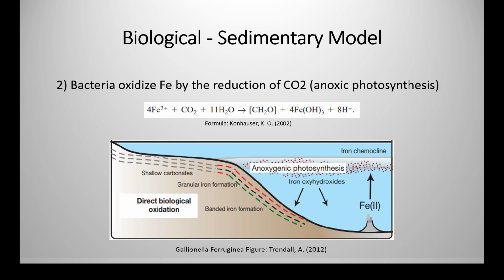So this would be produced in an anoxygenic photosynthesis reaction, so it does not require the oxygen like the previous slide. In this equation, we are taking our ferrous iron and carbon dioxide and creating anoxygenic photosynthesis, which produces iron oxyhydroxides, which then deposit onto the continental shelf.